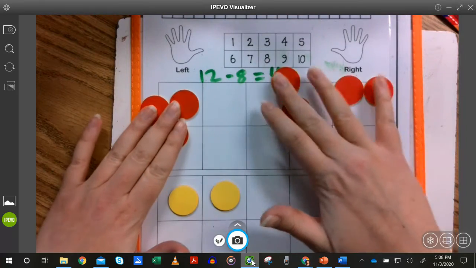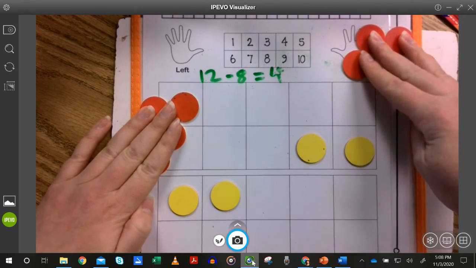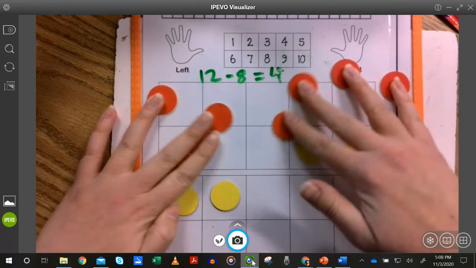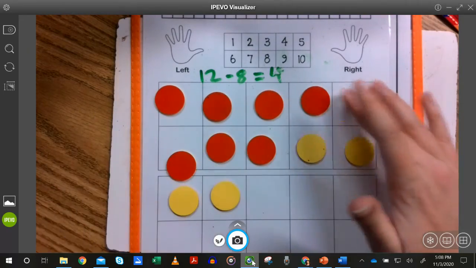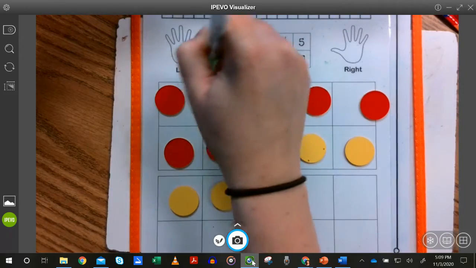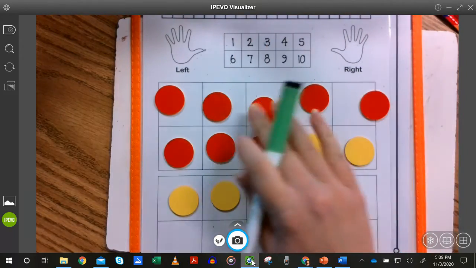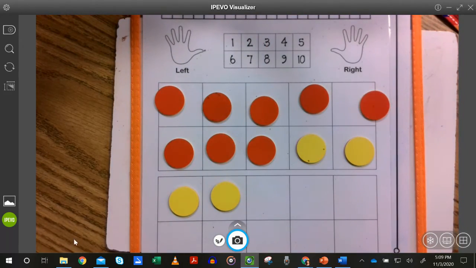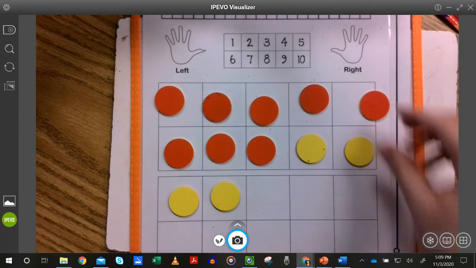If I take away my group of 8, I'm left with 4. Okay. So knowing our 10 buddies and knowing what the numbers mean can help us find the answers very quickly. Okay, let's look at a few more together.